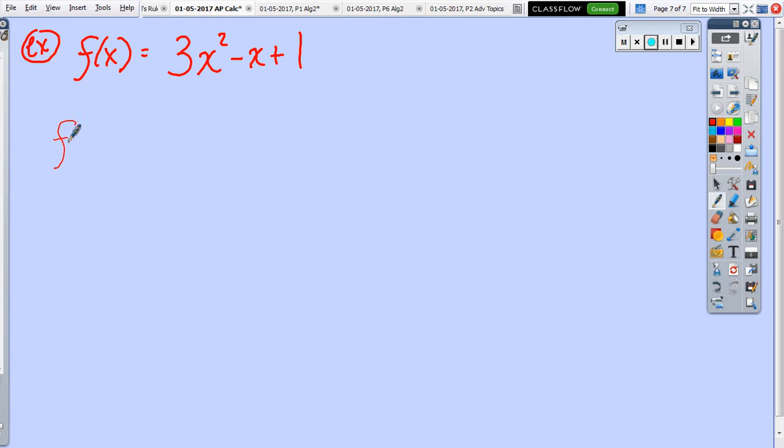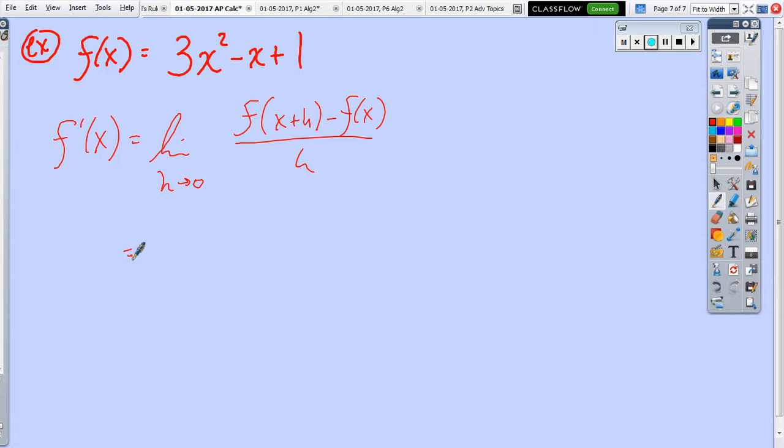Okay, so f prime of x is equal to the limit as h approaches 0 of f of x plus h minus f of x all over h.